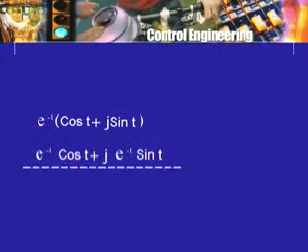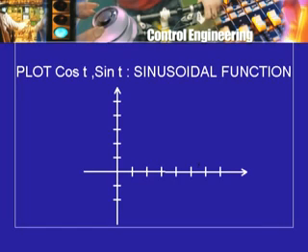Now I would like you to draw the graph of these two functions, e raised to minus t cos t and e raised to minus t sin t, carefully by using your graph paper, choosing the appropriate scale on the time axis, and the appropriate scale on the value axis where you are going to plot the value of this function.